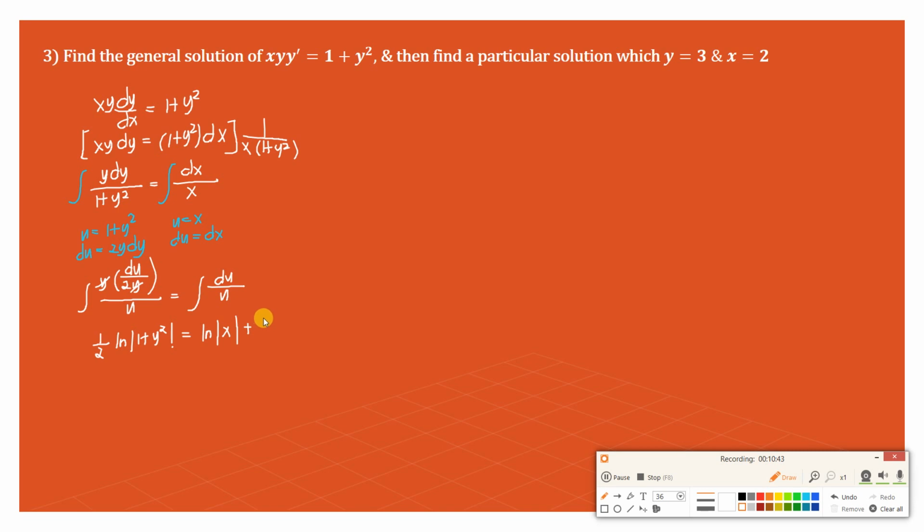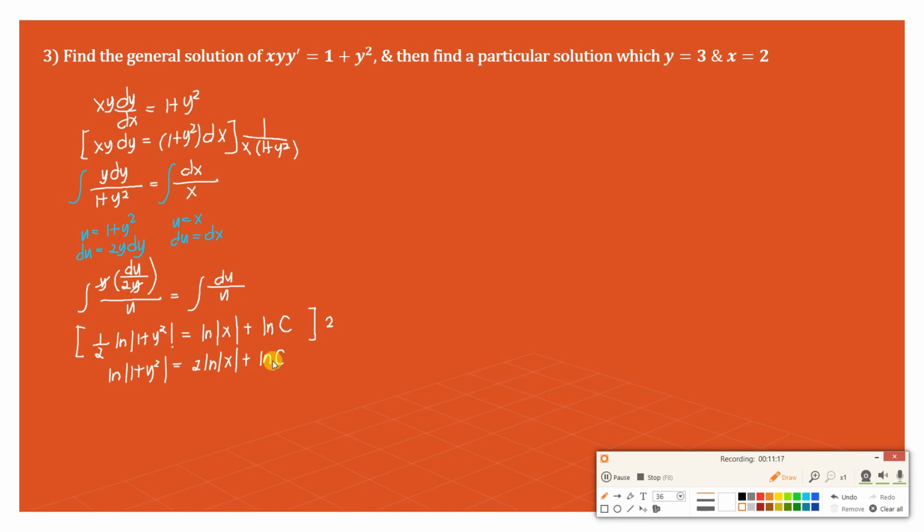So, again, may ln yan. Lagyan ko na rin ng ln para makancel si c. Again, yung fraction na 2, if we're going to multiply both equations, so we have ln, tanggal na si 1/2, 1 plus y squared equals to ln absolute value of x plus 2 ln of c is still equals to ln of c.